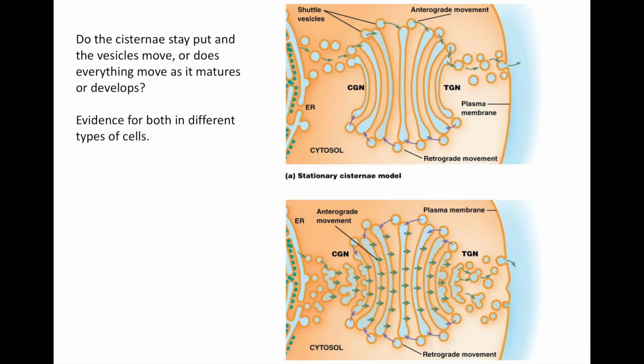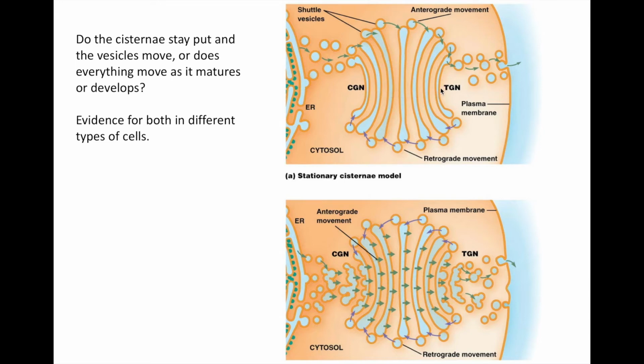Okay, so a question is, do these membrane vesicles stay put as a place inside the cell, and the vesicles move into or out of that thing, or does everything move as it matures or develops? So is it that the vesicles move and fuse into this thing that stays put, or does the cisterna become medial, which then becomes trans?